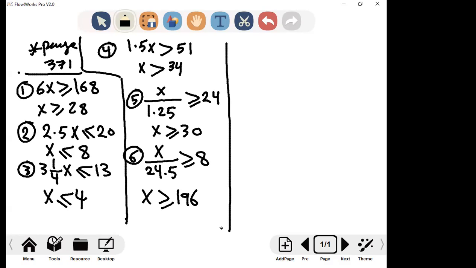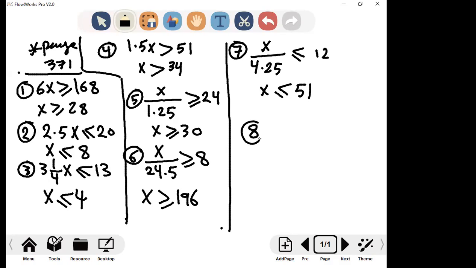Question 7, x divided by 4.25 less than or equal 12. If you solve it, x less than or equal 51.